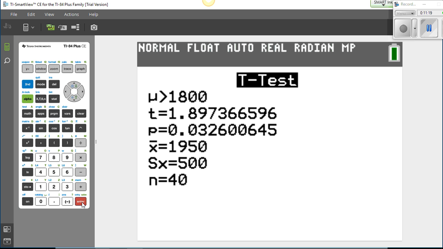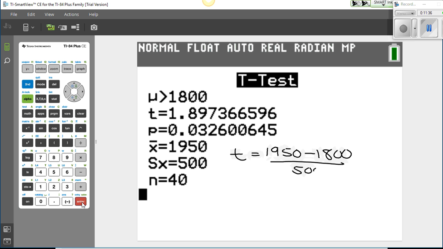So we have our test statistic and we have our p-value, right? So next to the formula, let's go ahead and write t equals, what was x bar? That was 1950, correct? Minus 1,800 divided by 500 over the square root of 40. And we know that's going to simplify to, remember, I'm not putting any of them on my calculator. I mean, you can, but why not just let the calculator do it for you? Because what are you going to get there?